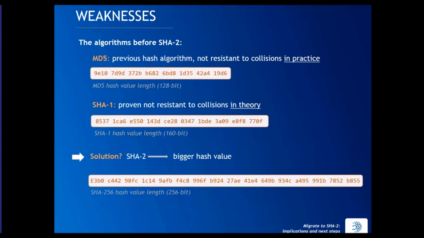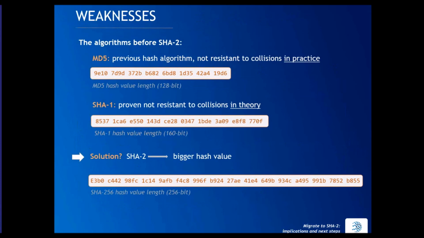We will move on to SHA-2. And as you can see, just the same way we moved from MD5 to SHA-1, we're now moving from SHA-1 to SHA-2, which simply is a bigger hash value. Going back to MD5, the hash value length is 128-bit.